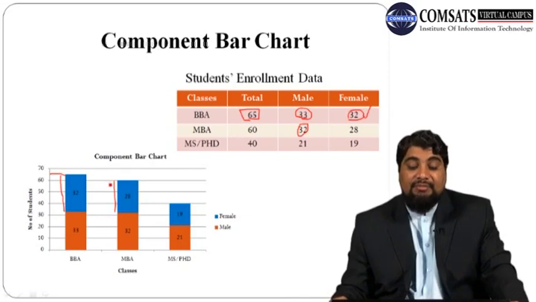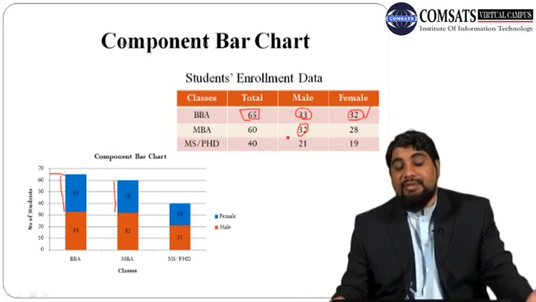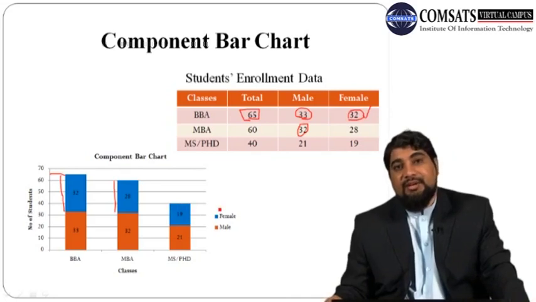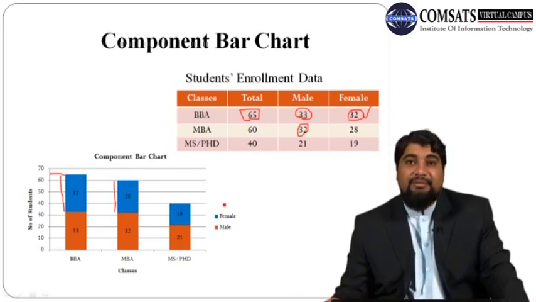It means the total height of this bar is 60, which is subdivided into two parts, 32 for male students and 28 for female students. Similarly the next one will be 21 male students and 19 female students, total 40 students. This is how we can construct a component bar chart by hand using basic calculations.